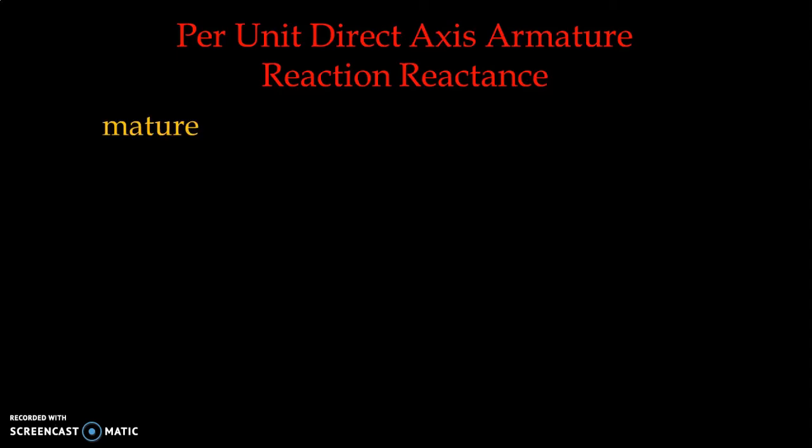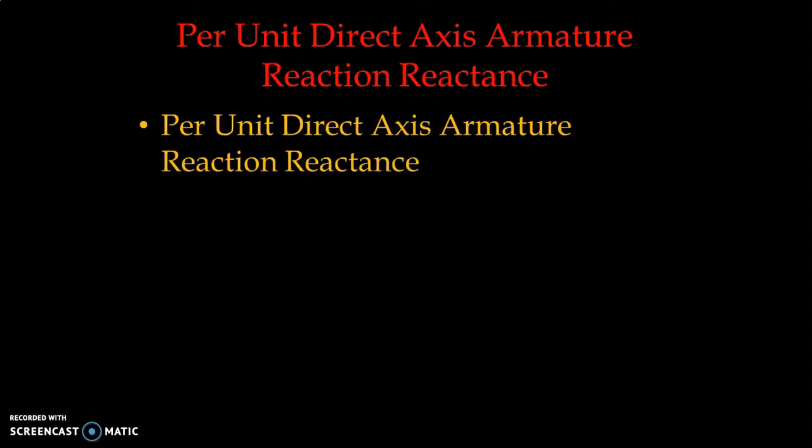Now, the per unit direct axis armature reaction reactance can be given as XAD. We have seen that it is used with our armature reaction voltage.